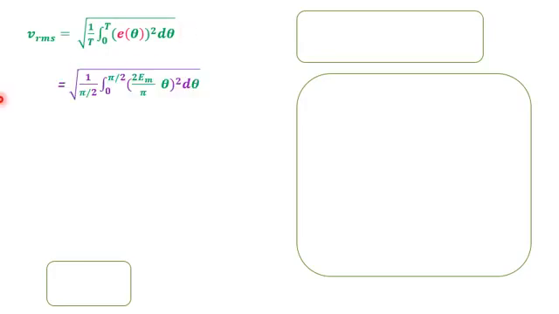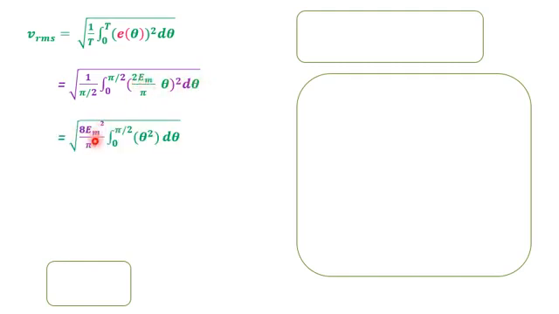Similarly, we can find the RMS value. The RMS value is equal to root of 1 by T integral 0 to T E of theta square d theta. Here also we are calculating the RMS value only for a quarter cycle. So we get 1 by pi by 2 integral 0 to pi by 2 of (2 Em by pi into theta) whole square d theta.